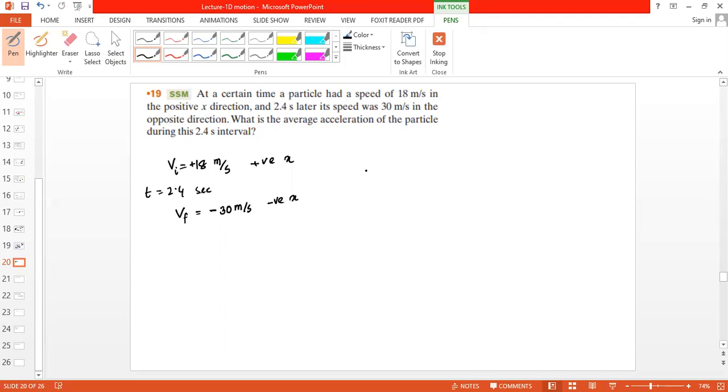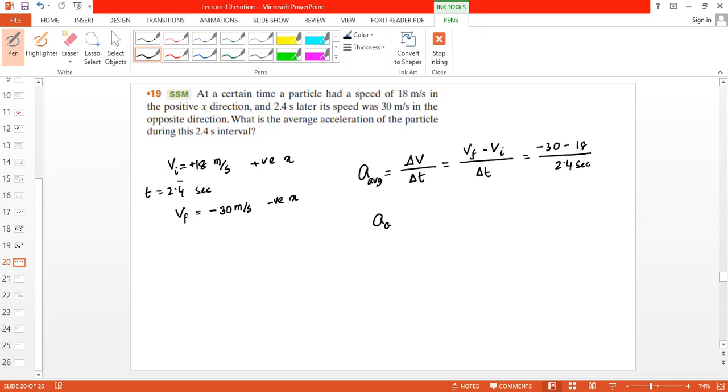So the average acceleration is equal to delta v over delta t, or I can say final velocity minus initial velocity over delta t. Delta t is the time difference, which is 2.4 seconds here. And v_f is along the negative x direction, so it is minus 30 minus 18.